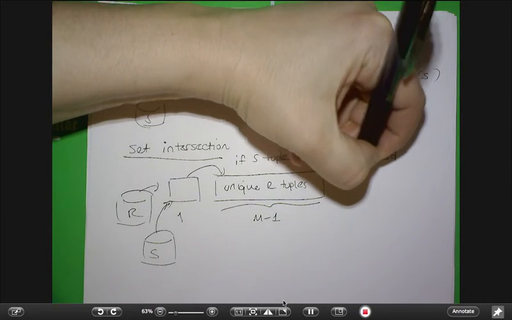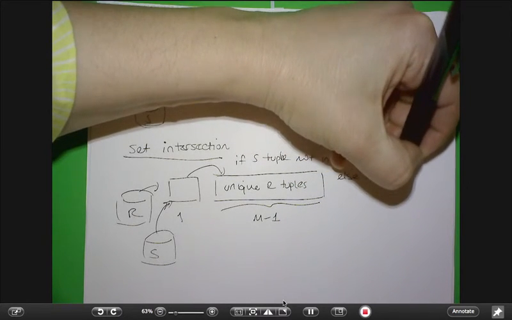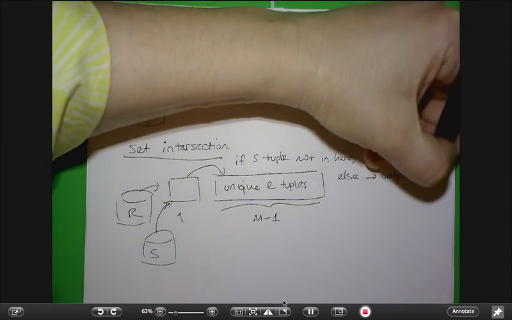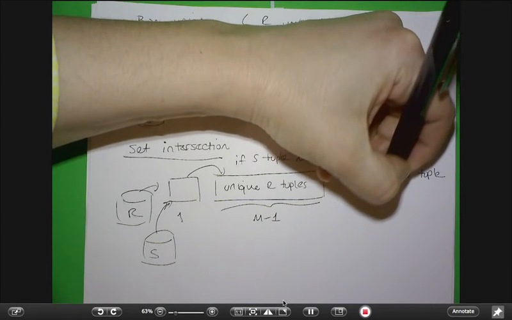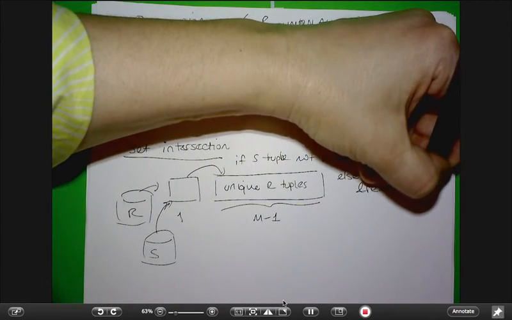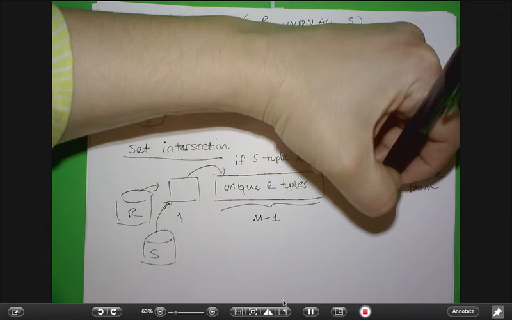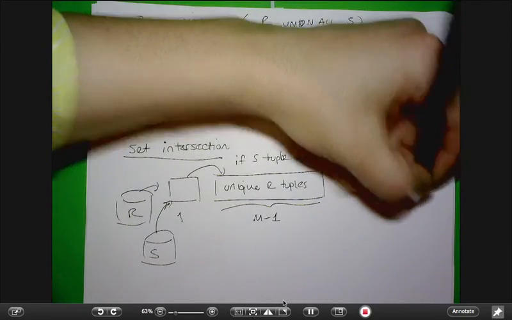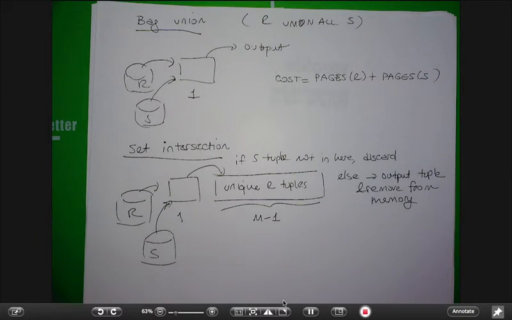So else, output the tuple and remove it from memory. This guarantees that you only are going to output it once.